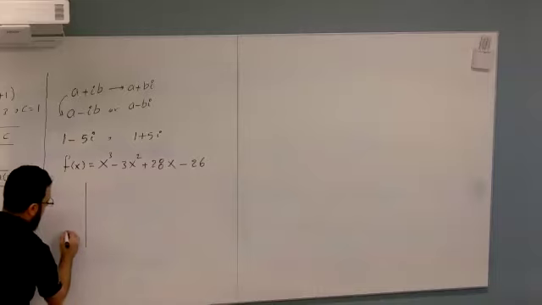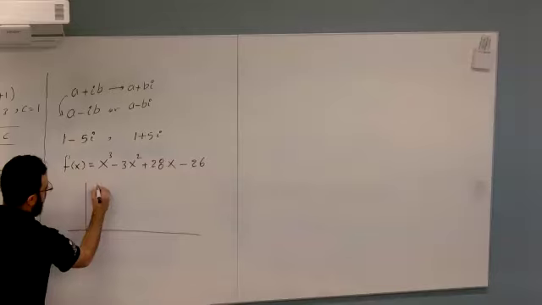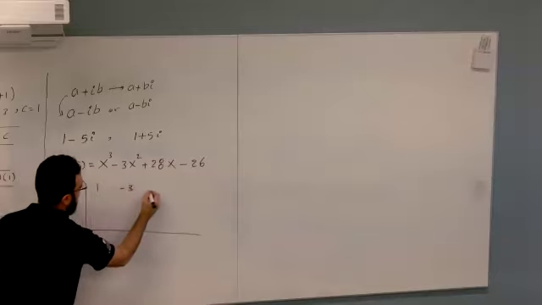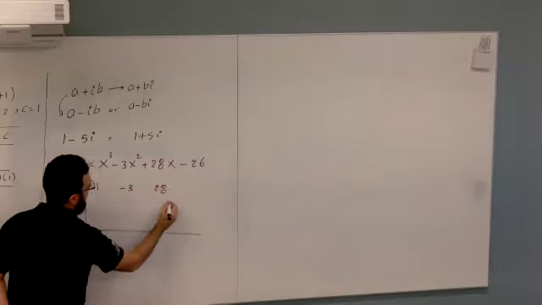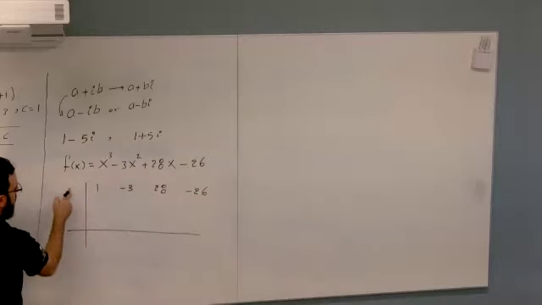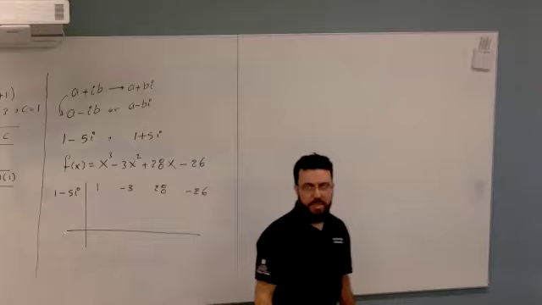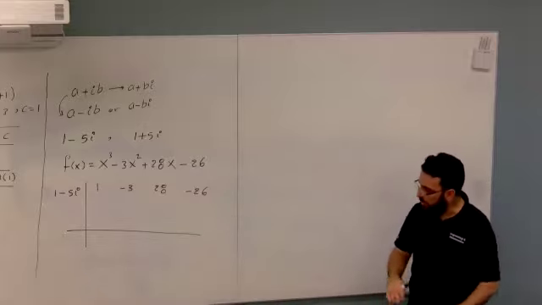So, do I have a missing term? No. So 1, -3, 28, and -26. What am I going to write down here? 1 minus 5i. You have to write down the whole thing, not just one. Write down the whole zero.